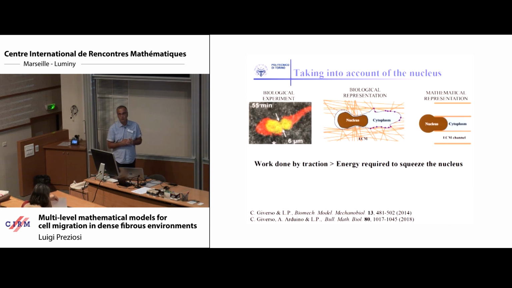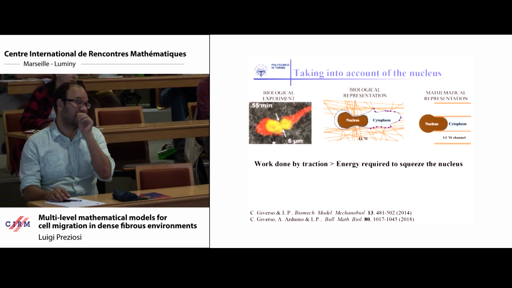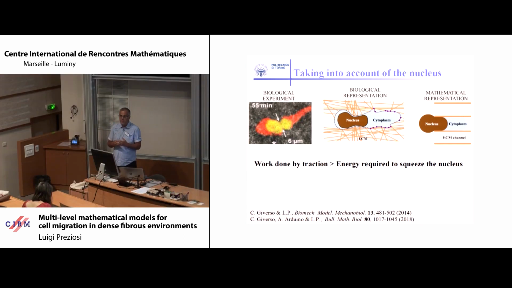So in order to understand how the cell can crawl and deform the nucleus in order to penetrate narrow channels, or what are called constriction rings, you have to understand some mechanics of that. And in particular, you can relate the energy that is required to squeeze this nucleus, and this energy has to be compared with the work that the cell is able to do by traction forces, active traction forces.